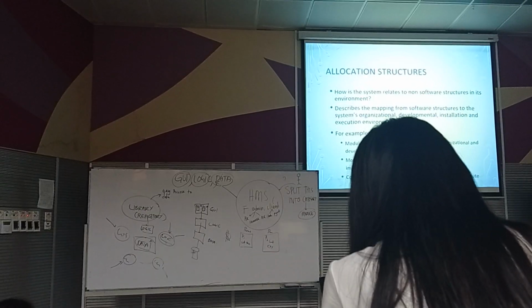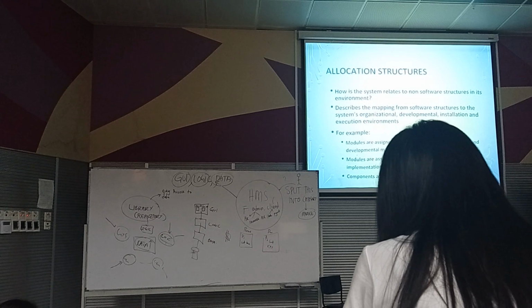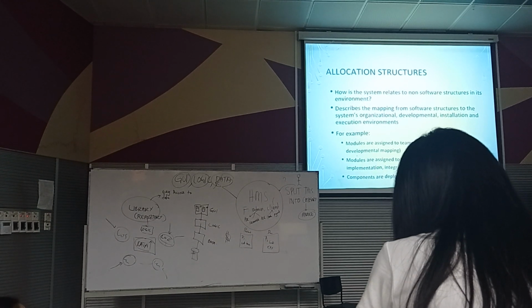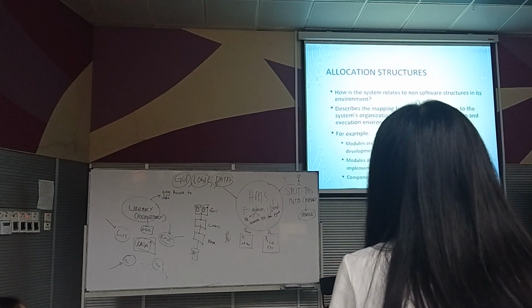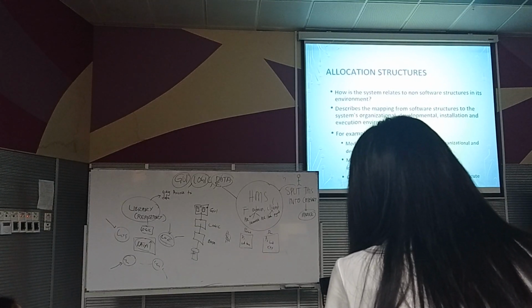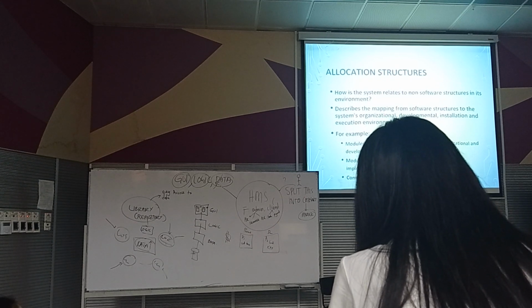One box goes to India, one to Australia, one to my team in Singapore. If that's how you think, it means you divide your system based on the group of implementation. You allocate, you assign tasks to somebody. That is called allocation structure.